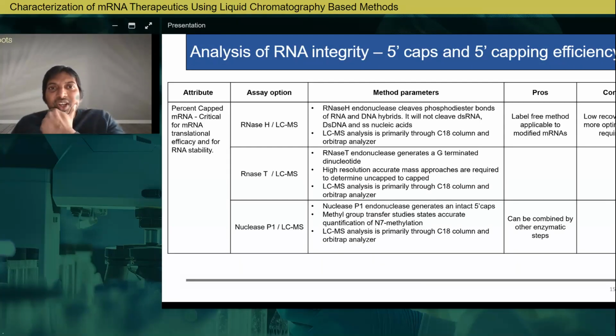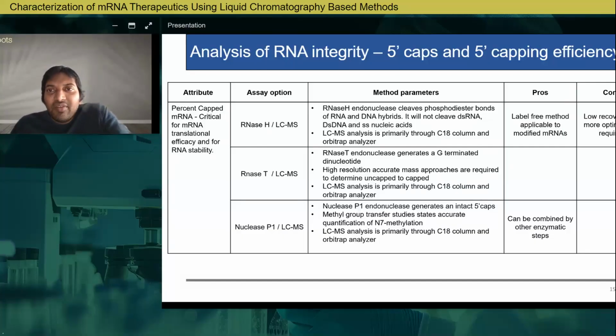So the different LC-based methods applied are primarily based on the enzyme that we use for breaking down the RNA molecule to identify the integrity of the 5' cap and the 5' capping efficiency. It ideally provides more information about translational efficacy and RNA stability.